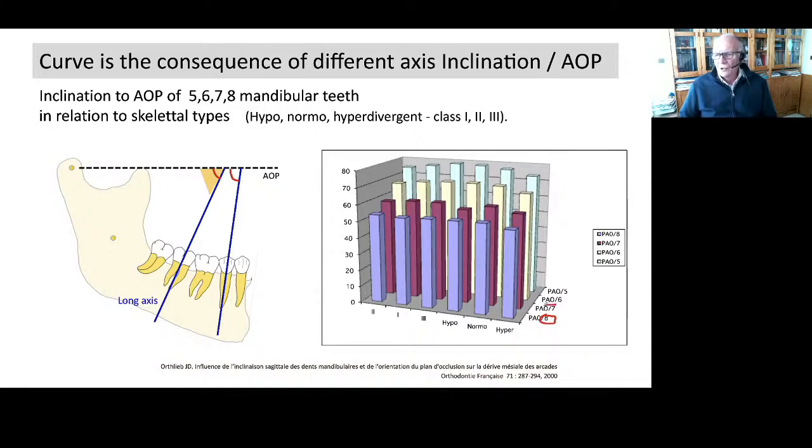In red, it is a second molar. In yellow, it is a first molar. And in blue, it is a second premolar. Not a lot of difference following the skeletal type: class 1, class 2, class 3, hypodivergent, hyperdivergent. Very stable.